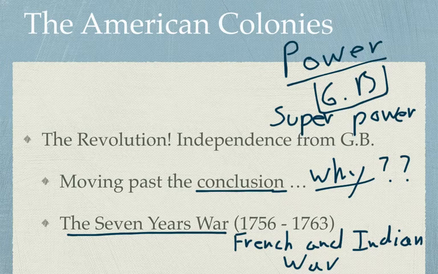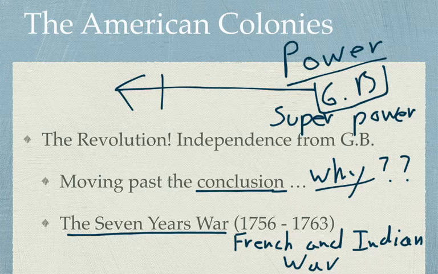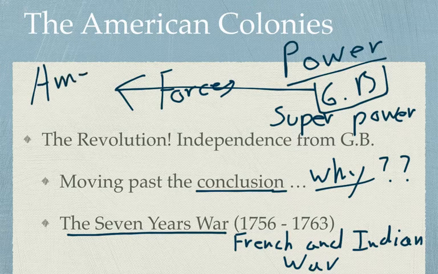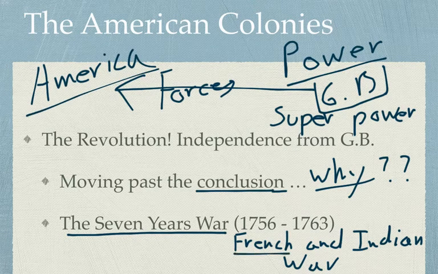And basically what ends up having to happen, briefly, is that Great Britain ends up having to send massive amounts of forces to the Americas to protect it mainly from the French, because the American colonies were simply not able to do this. And the war will actually last from 1756 to 1763.